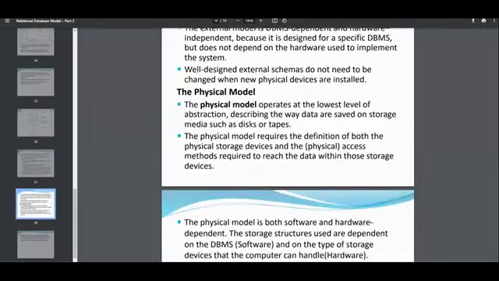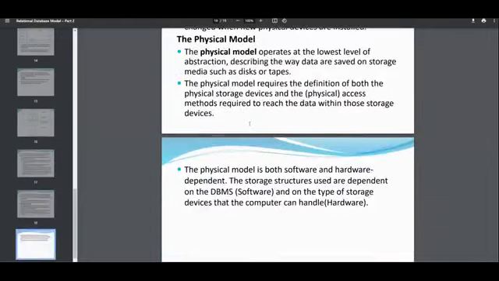Then finally, the physical model. The physical model operates at the lowest level of abstraction. The physical model requires definitions for both physical storage and hardware related things, right? Both software and hardware dependent, mainly hardware.